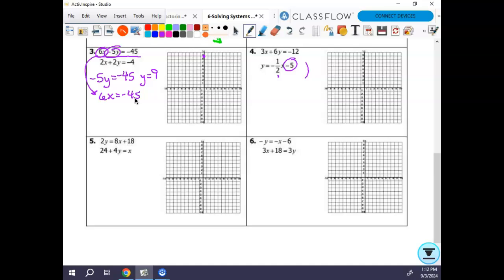Let's do, why don't you take this one and put them both into y equals mx plus b. Just do that much, number 5, because we don't need to do all of them.